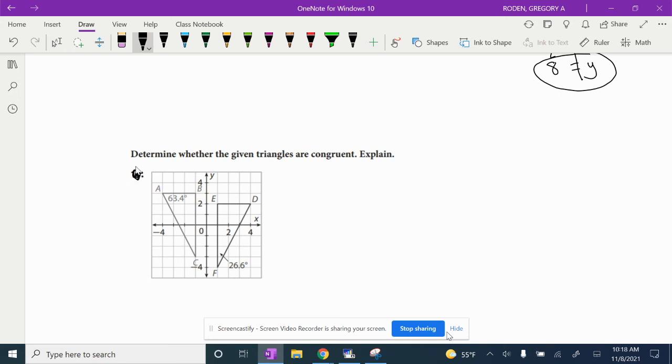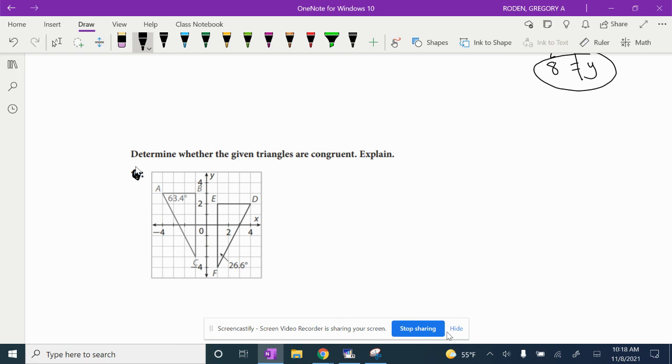Okay, now, here's what I want you guys to do. Right now, I want you to copy these. I want you to sketch a picture of this. It doesn't have to be on graph paper. You can just sketch a picture. And then I want you to decide whether these two triangles are congruent. So go ahead and do that. You should actually have enough skills in your geometry tool belt right now to solve this.